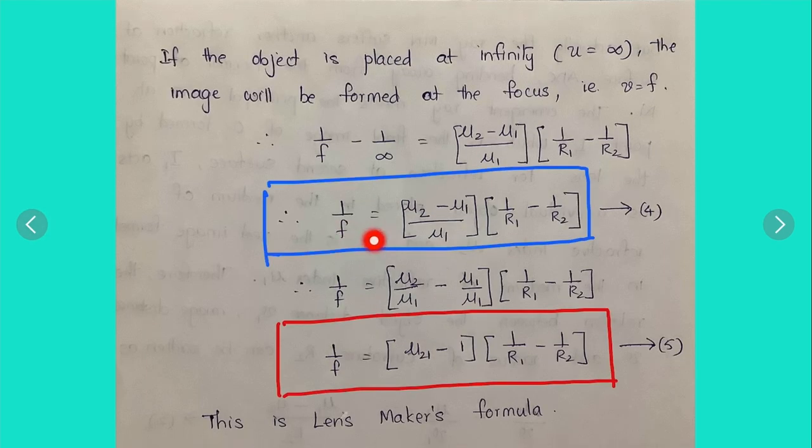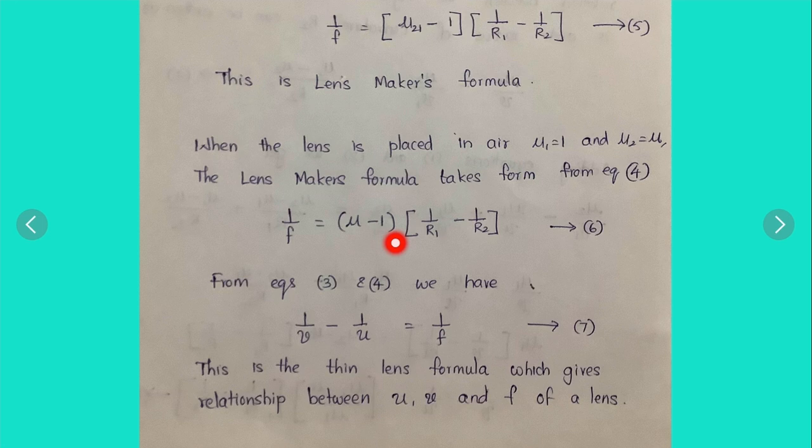So mu2 is mu and mu1 is 1, so mu minus 1 divided by 1 means mu minus 1, into 1 by r1 minus 1 by r2. Now comparing equations 3 and 4.